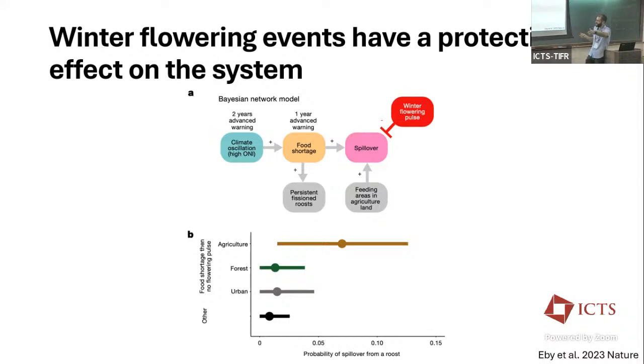If there is a high El Nino index, and then you have a food shortage, you'll get a spillover. And we can perceive these food shortages as these fissioned roosts, the increase in these smaller roosts. And you also see at the same time, these bats are feeding more in these agricultural lands. So all of these things are contributing positively to the likelihood of spillover.